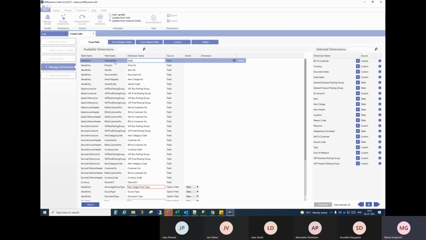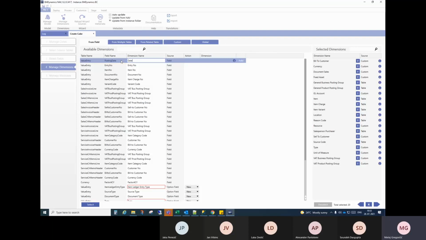So value entry posting date, you'll see a date dimension in the reports, and that's it. Then you can summarize all the documents by date. And this is a simple dimension which comes from field. So no transformation here whatsoever. This is just posting date, posing as date dimension.